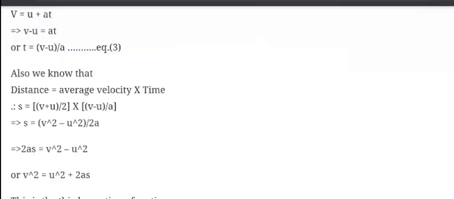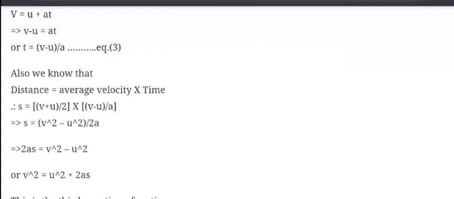So out of the three equations which we studied, you might be asked to derive any one. So please remember, to derive the first one, you start with a, that is acceleration's formula. For the second, you start with s, that is, you will say distance is average velocity into time. And even for the third one, you will start with the same, average velocity into time. But in the third formula, v square is u square plus 2as, there is no time.